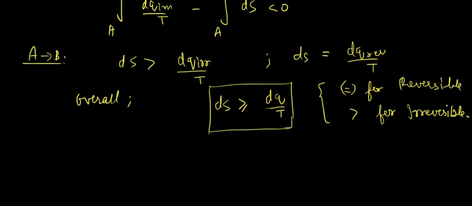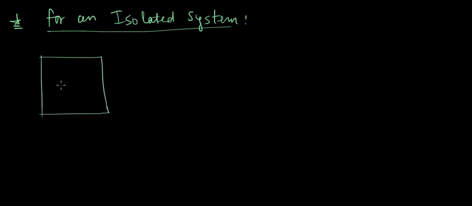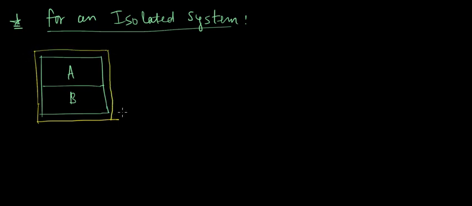Okay, now let's see the entropy calculation for an isolated system. What happens in case of an isolated system? Suppose we have this vessel which is partitioned into two blocks, A and B, and this is insulated. So let me put down a layering of insulation here.